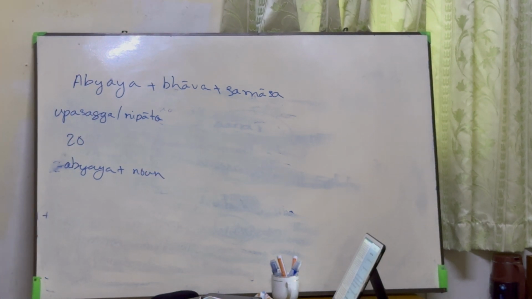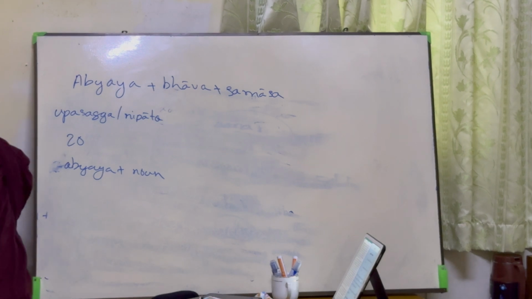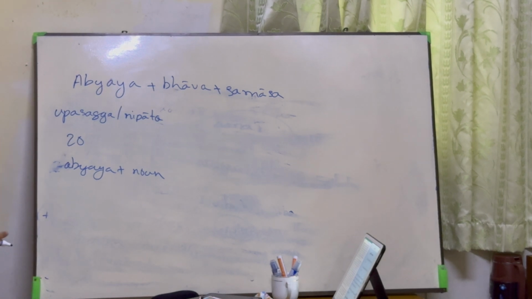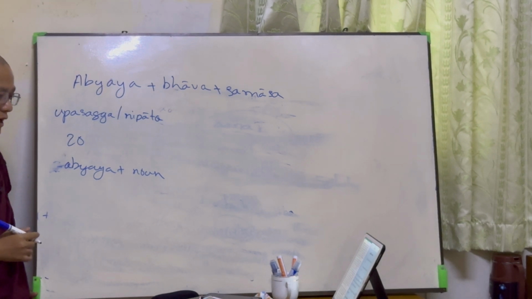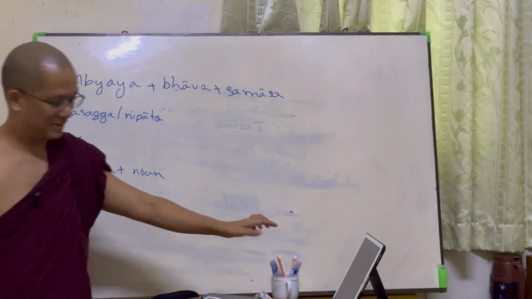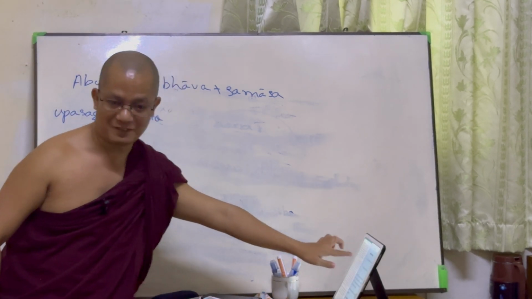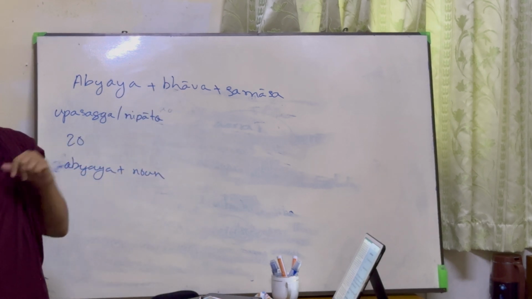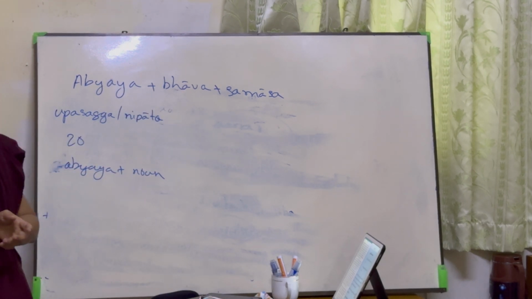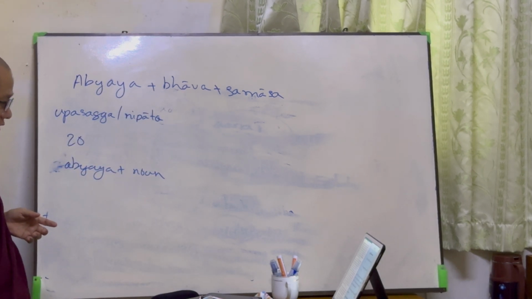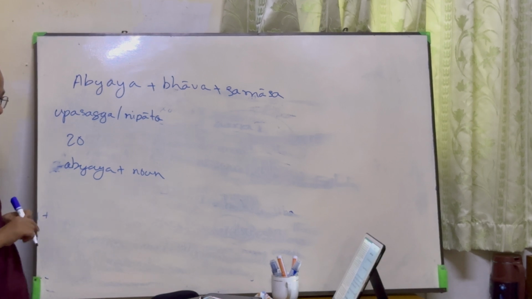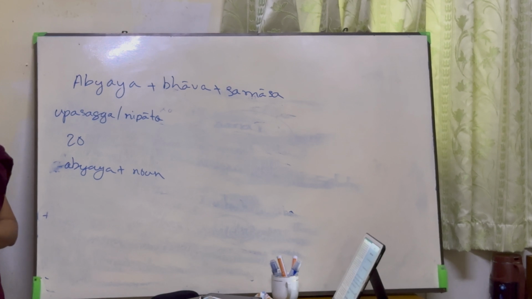Therefore, according to Sutta number 330, you can find Upasagga Nipātapubbako Abyayībhāvo. You need to find your book, because later you need to make a reference according to this sutta. Upasagga Nipātapubbako Abyayībhāvo. Okay, I'm going to make a translation of this.